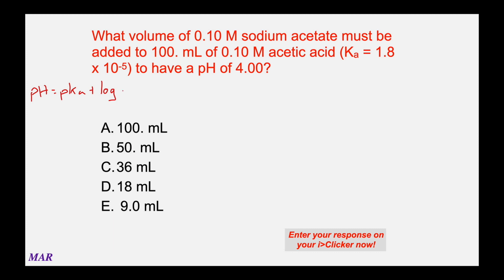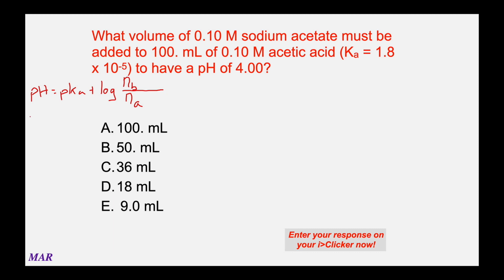In this problem, I'm going to use moles over moles, and that's something you can do with HH. So instead of base over acid in molarity, now we're going to have moles of base divided by moles of acid. And you're probably like, well, that doesn't seem any better, and I totally understand.